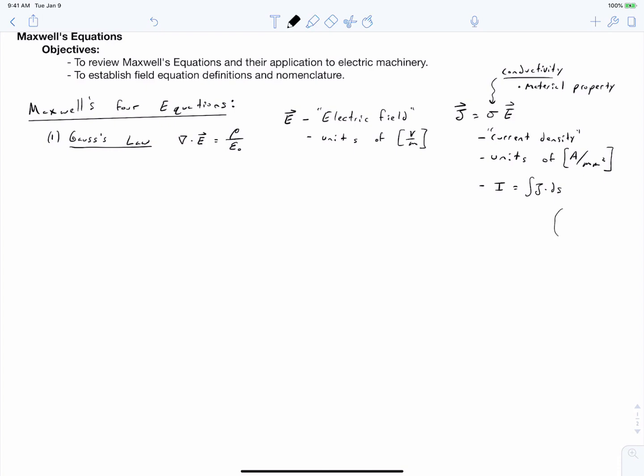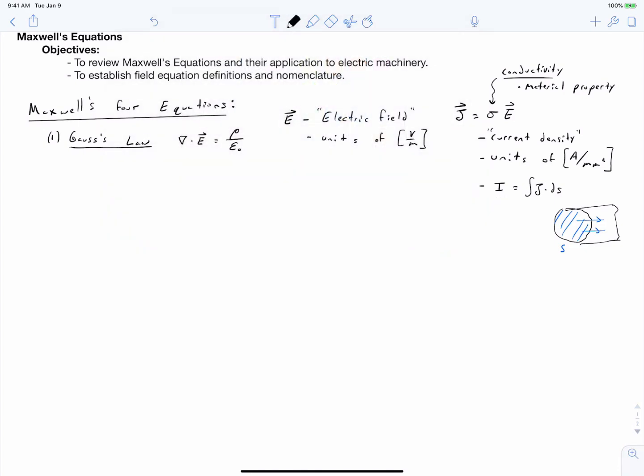So if you have some surface that you've got a current density flowing within, excuse my drawing skills here, this is supposed to represent some kind of conductor. Within a cross-section of that conductor, we have a current that is traveling along it axially. We can integrate that over the surface, S, and that gives us the total current through the conductor.